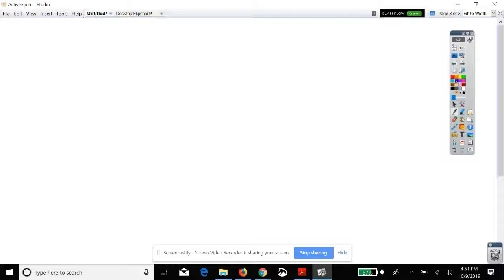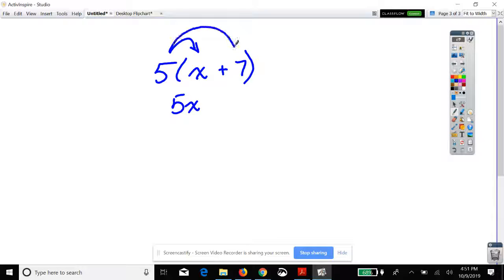So we are going to algebra. We're going to have a lot of variables. What if I'm multiplying 5 times x plus 7? So I can distribute the 5, that's 5x, and then distribute the 5, that's plus 5 times 7, which is 35. So my answer is 5x plus 35.